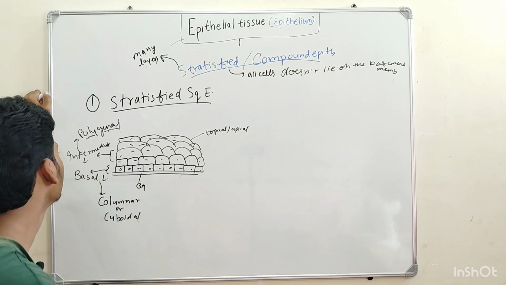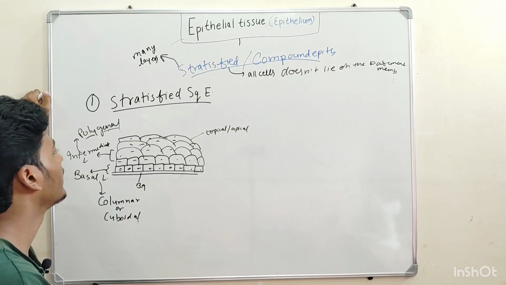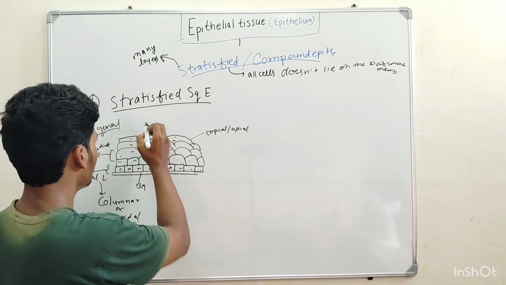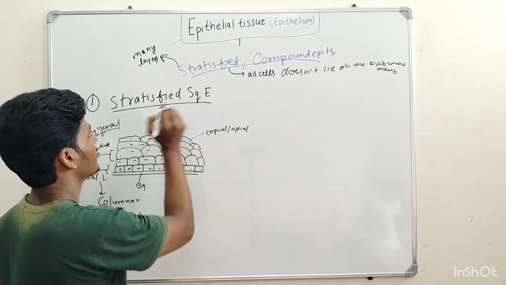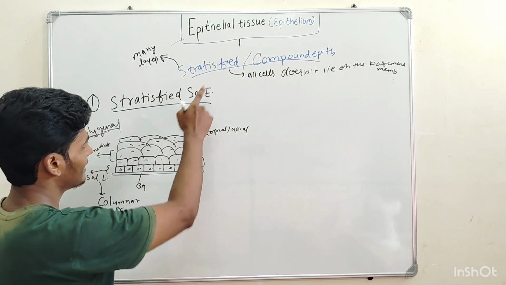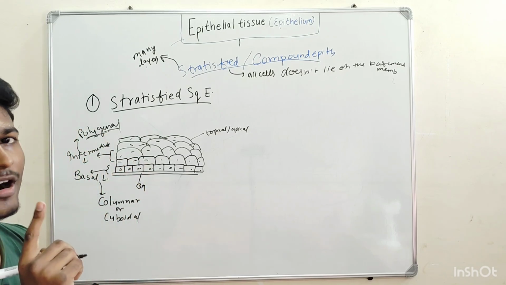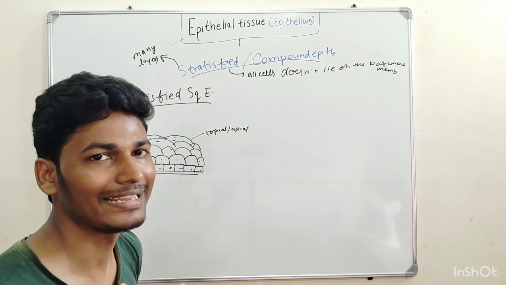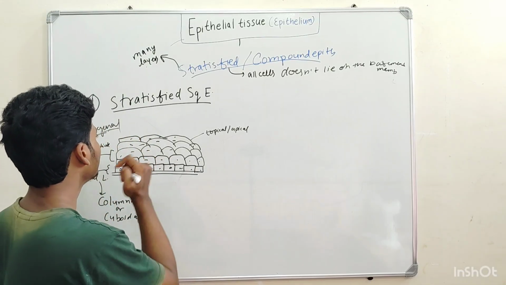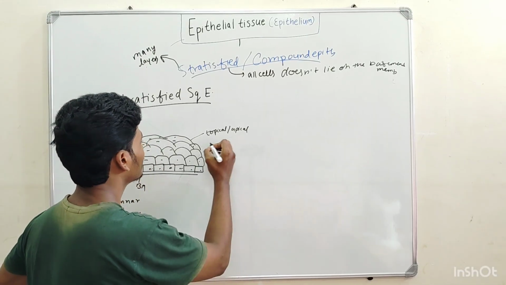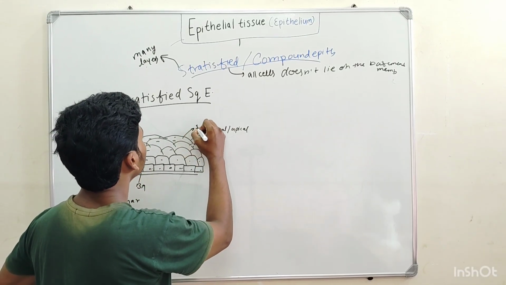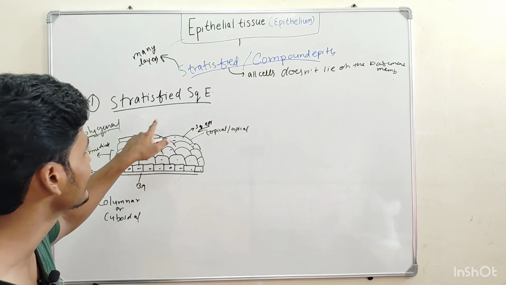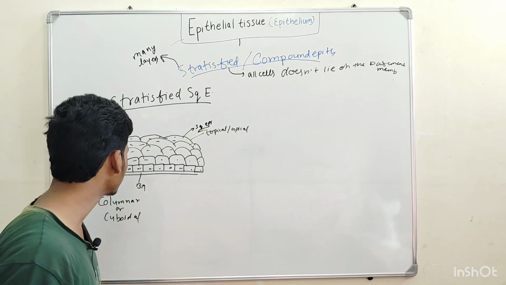It may have many shapes, and therefore it is called polygonal. Since we are studying stratified squamous epithelium, stratified epithelium is always named according to the kind of apical layer present. Here the apical layer is squamous epithelium, that's why it is called stratified squamous epithelium.